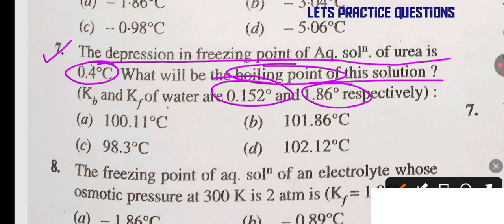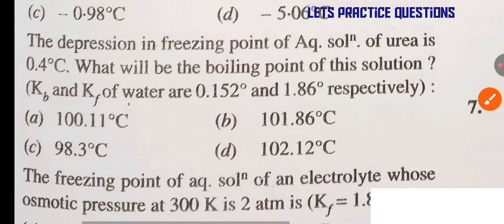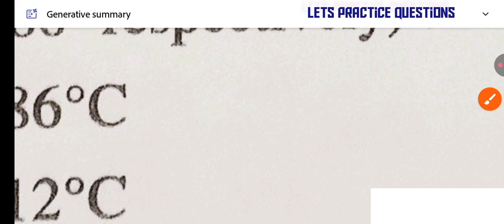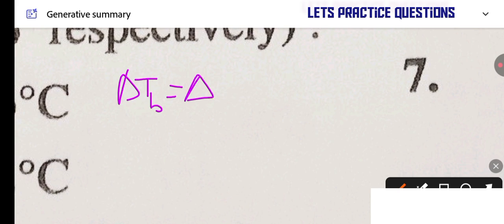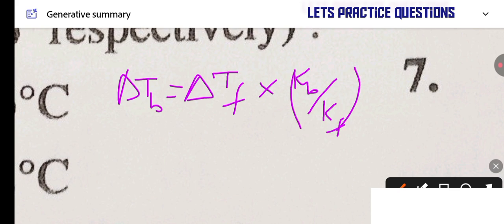To solve this question, we first need to understand the formula: elevation in boiling point, del Tb, equals depression in freezing point into ebullioscopic constant divided by cryoscopic constant. Here the values are given, we have to put them in and get the answer.